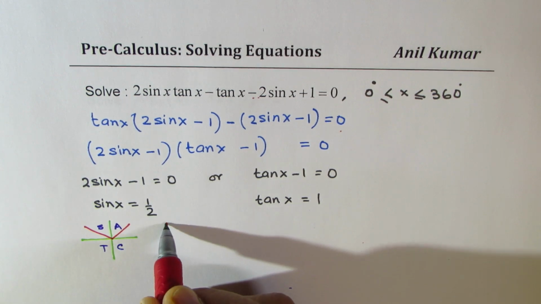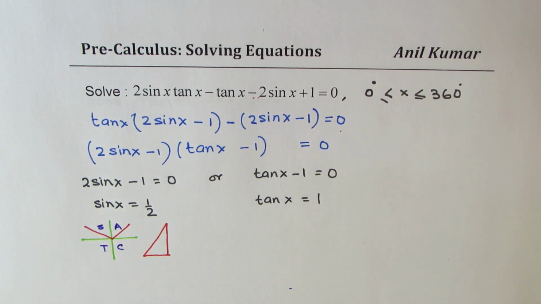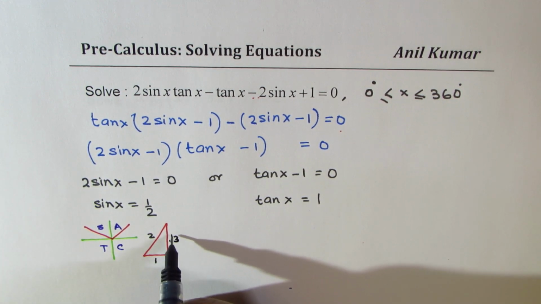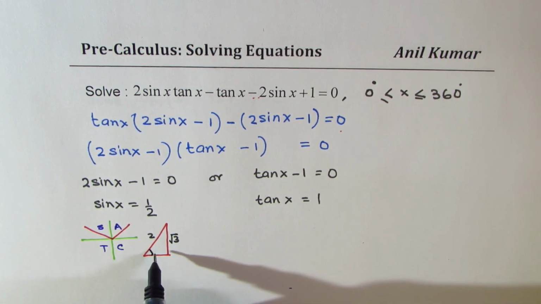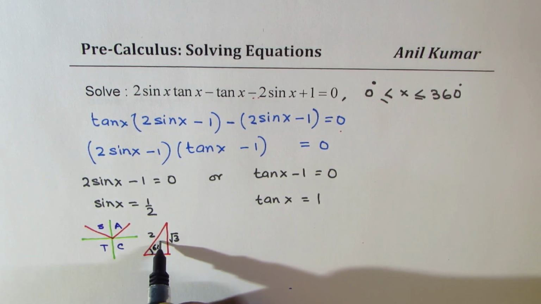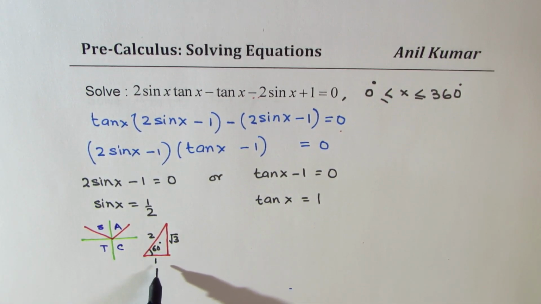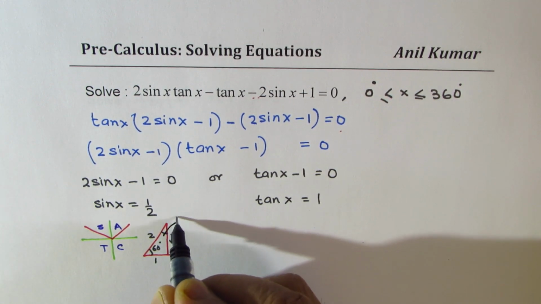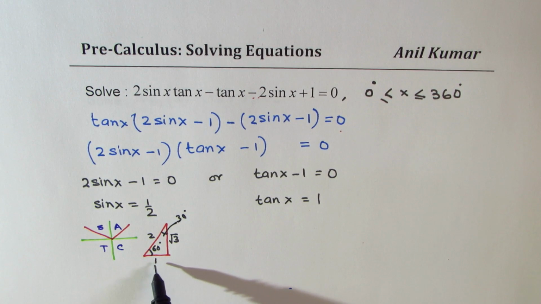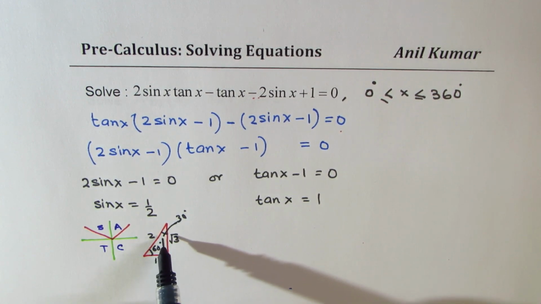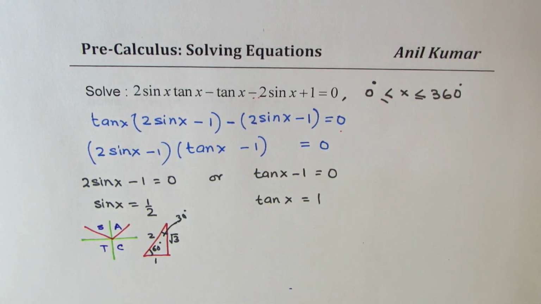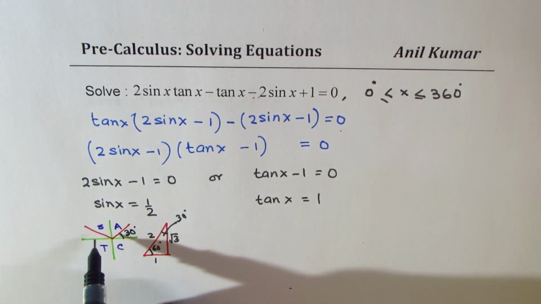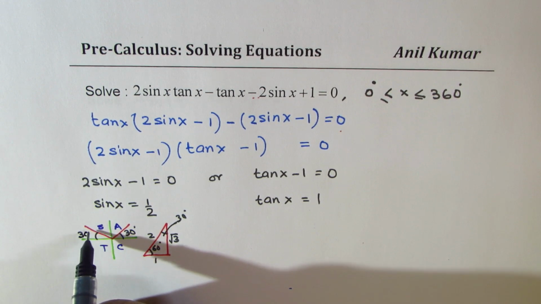The special triangle for half has sides 2, 1 and square root 3, with this angle being 60 degrees and this angle being 30 degrees. Sine is opposite over hypotenuse, so for 30 degrees, you get half.